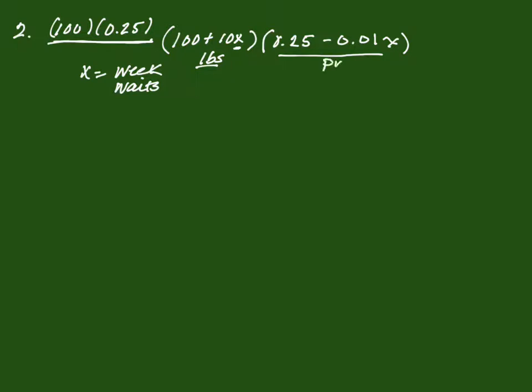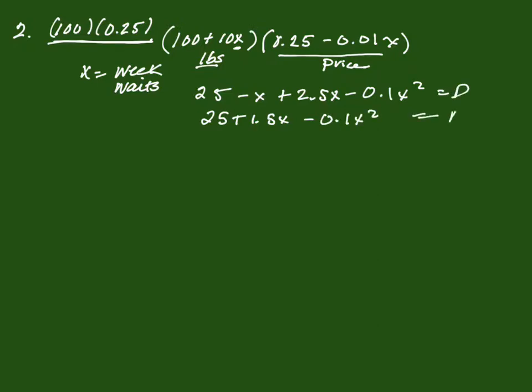price. Okay, so then you multiply that together, and you get 25 minus x plus 2.5x minus 0.1x squared. Simplifying that to 25 plus 1.5x minus 0.1x squared, we'll call this profit, right?